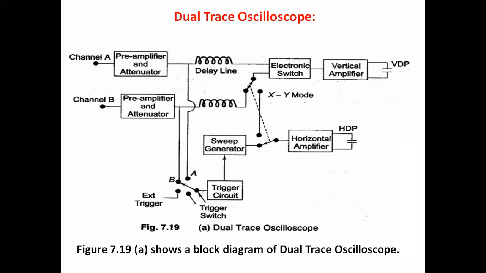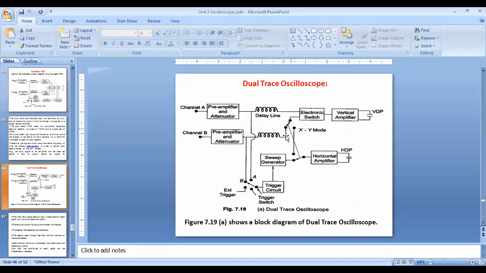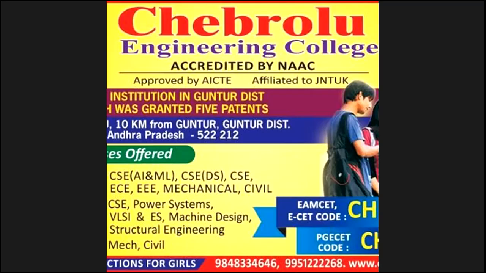The ability of the trace to remain visible on the face of the CRT is known as persistence. So persistence is nothing but the ability of the trace to remain visible on the face of the CRT.